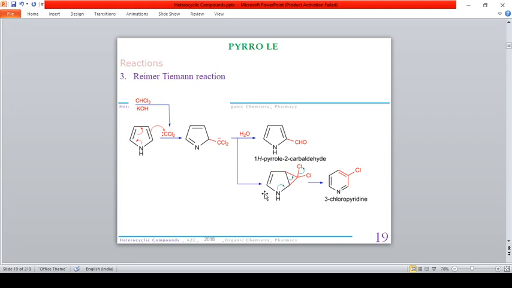In the side reaction, rearrangement occurs and a 5-membered ring gets converted to a 6-membered ring, and all of us know that a 6-membered aromatic structure is more stable as compared to the 5-membered. So rearrangement occurs and we get another product, that is 3-chloropyridine.